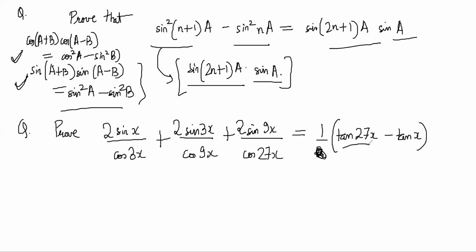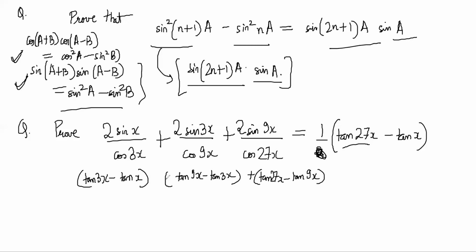This can be this only if some tan comes. This is just a hunch. My hunch is this: tan 3x minus tan x, tan 9x minus tan 3x, tan 27x minus tan 9x. This is my feeling inside, that if this gets added, it cancels out, and it becomes this, right?